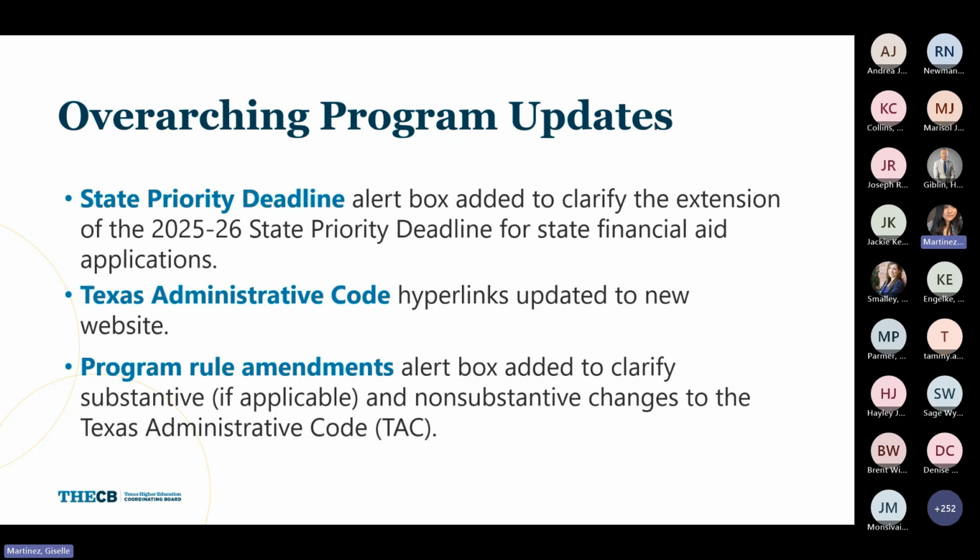So for the grant programs, the word award was changed to the more precise term grant as a noun, and then offer as a verb to avoid potential confusion. And these are just some of the updates that we've made to the guidelines.